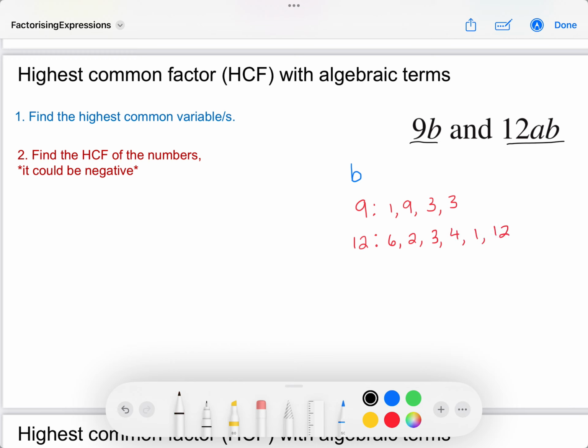Looking at those two lists, the highest factor shared by 9 and 12 is going to be 3. So therefore, the highest common factor of 9b and 12ab is 3b.